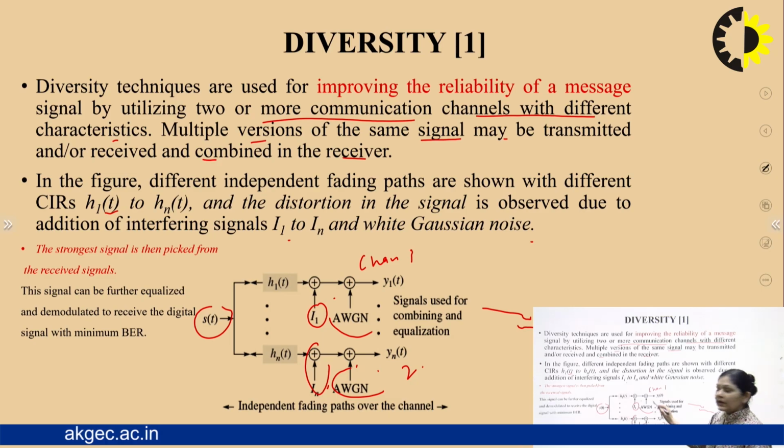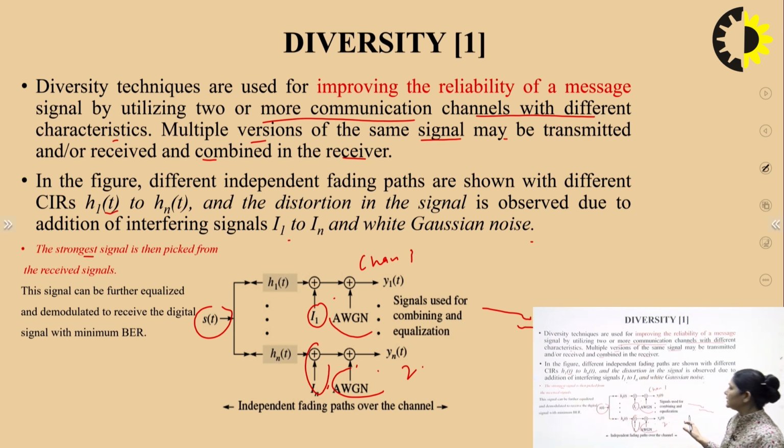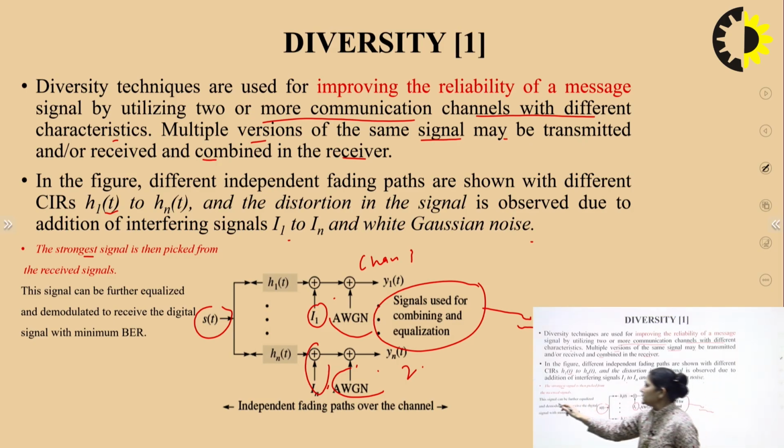Here I am taking the example of two channels, but we can have n number of channels. At the receiver the signals are combined, the best signal out of the multiple signals is considered, and the signal can be further equalized to receive the digital signal with minimum bit error rate.